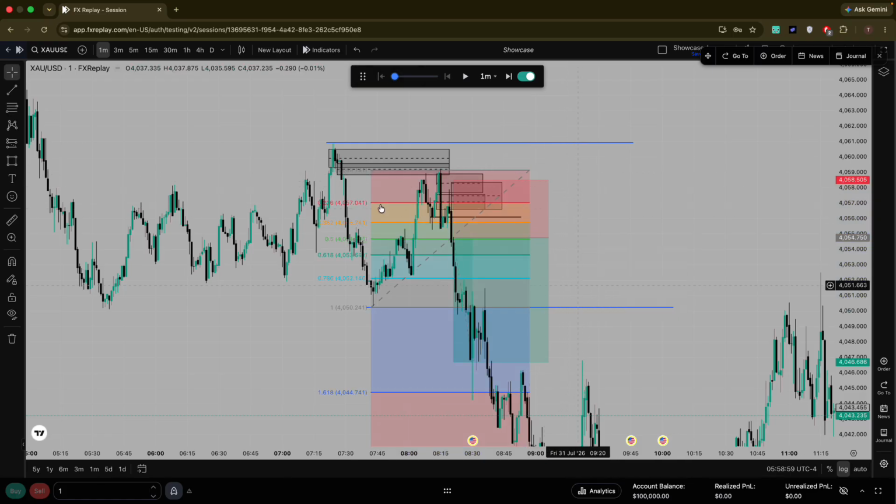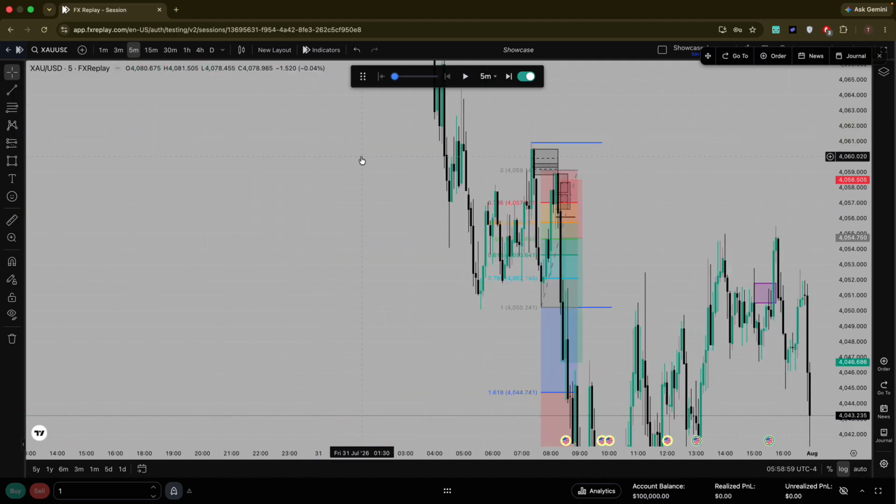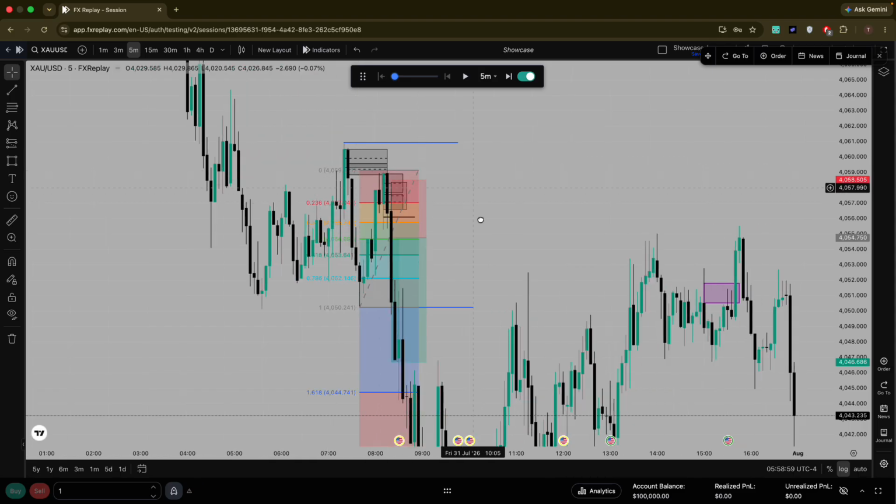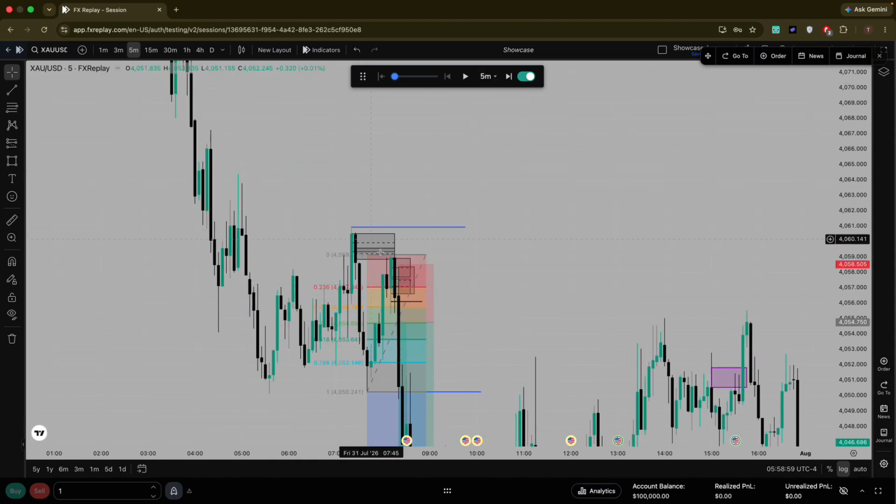Before we actually fully use this, let's go in the 3 minute and the 5 minute. Let's go in the 5 minute first. What do we seem to have in the 5 minute? We created that lower high, respected this structure that was here.